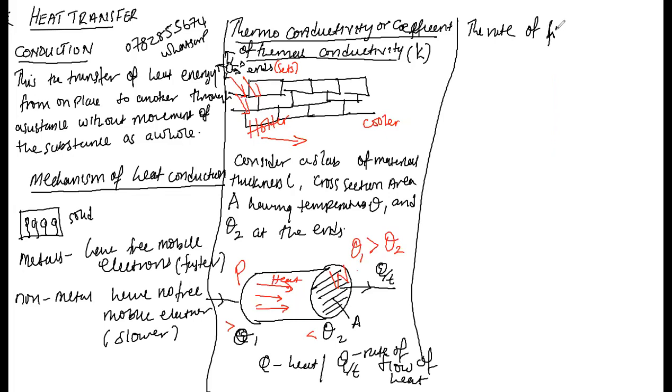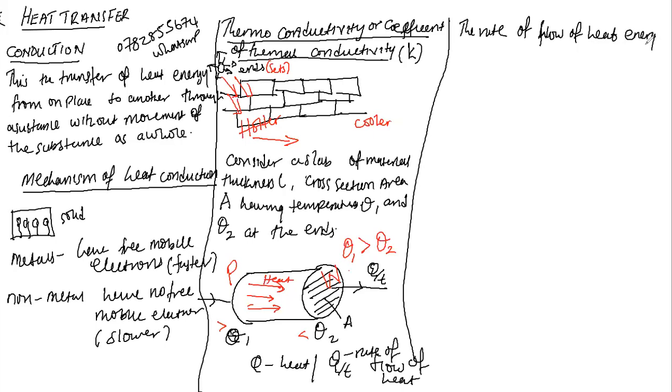The rate of flow of the heat energy, which is Q over T, through the specimen will depend on the following factors. One, the cross-sectional area.